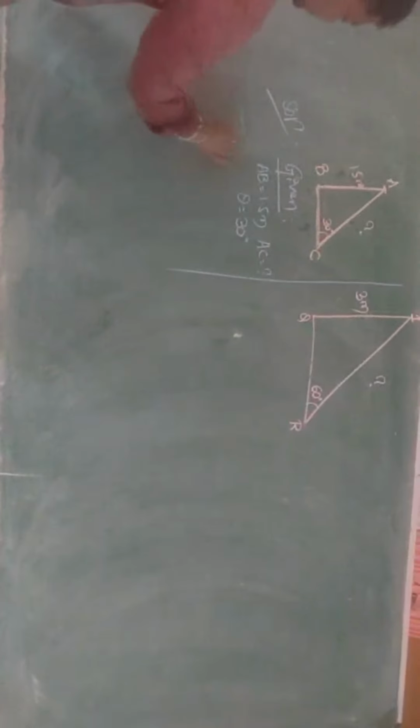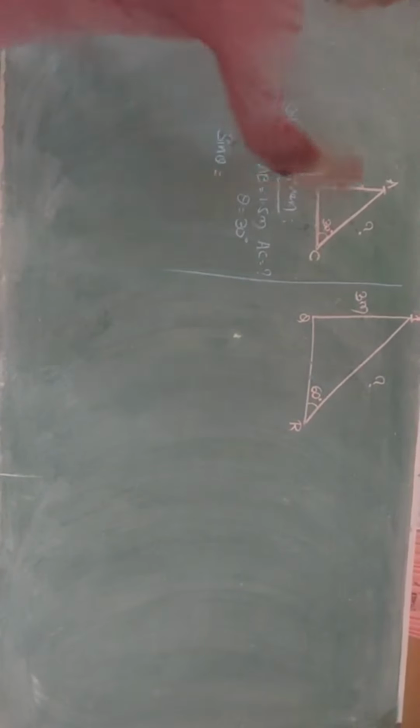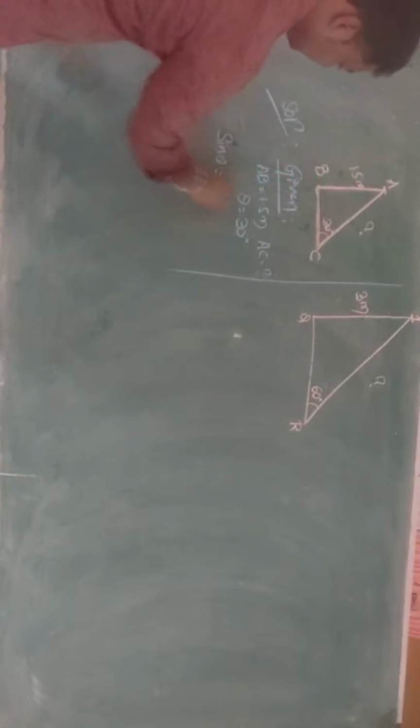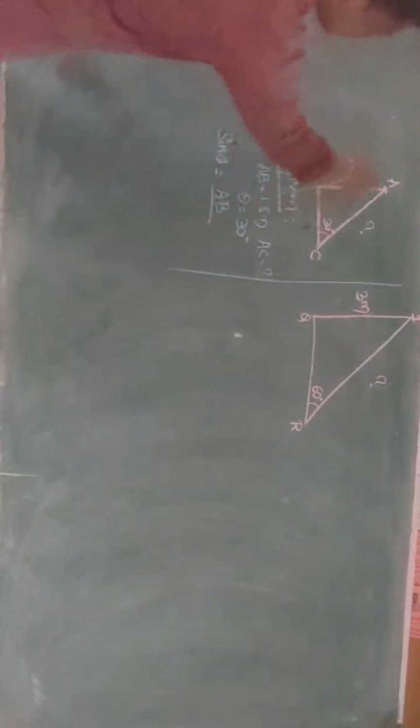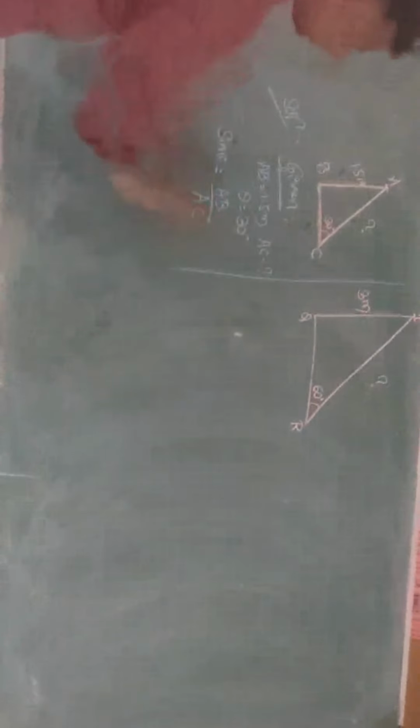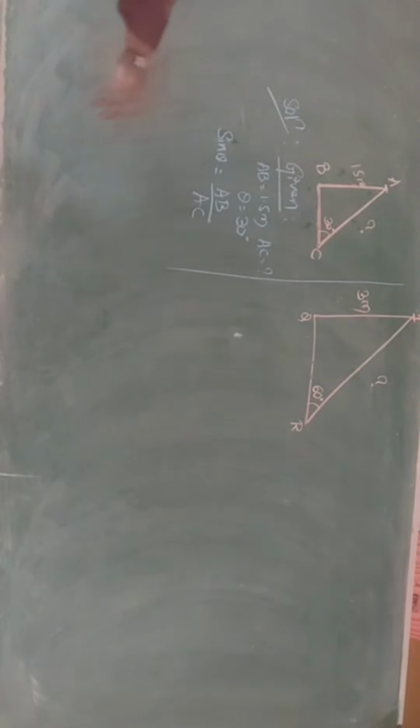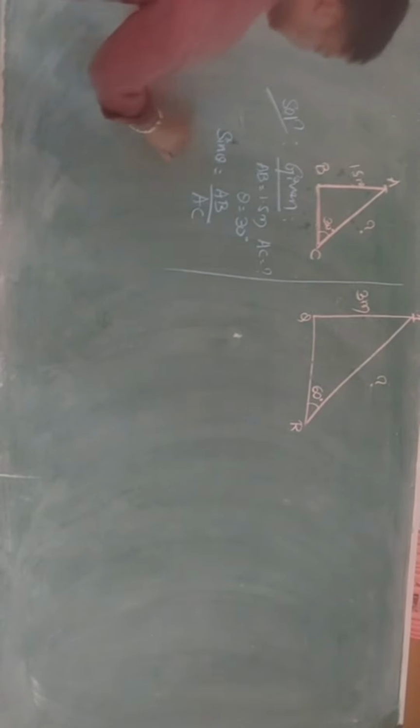Now which function can we take? Sine function. Sine theta is equal to opposite upon hypotenuse, not base. So theta is given, that is 30 degree.